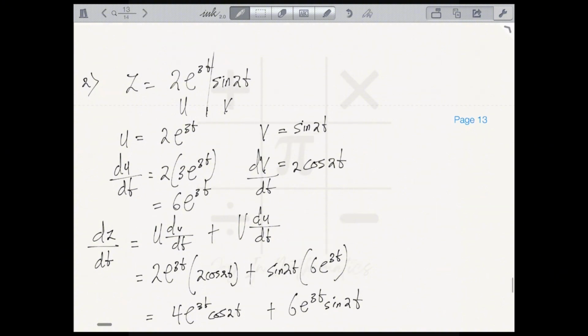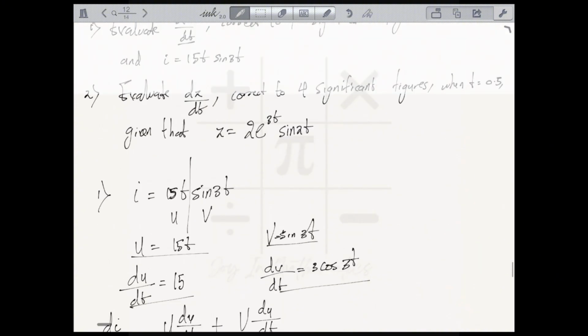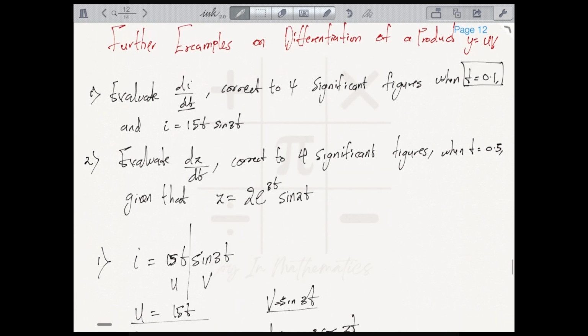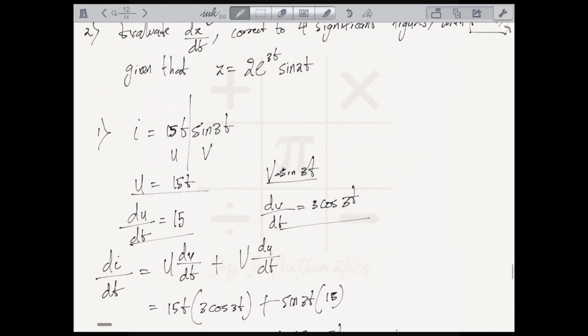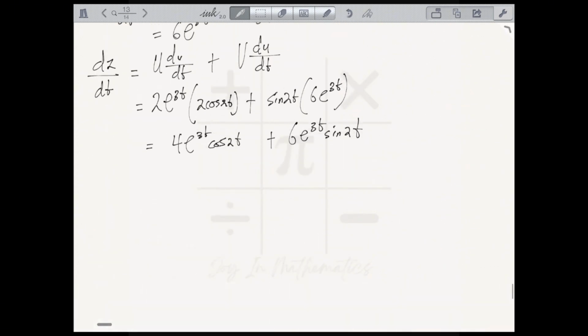Now let's go back to the question. The question says evaluate dz/dt, which we have done, correct to 4 significant figures when t is equal to 0.5. Now when t is equal to 0.5, we substitute for t in dz/dt.